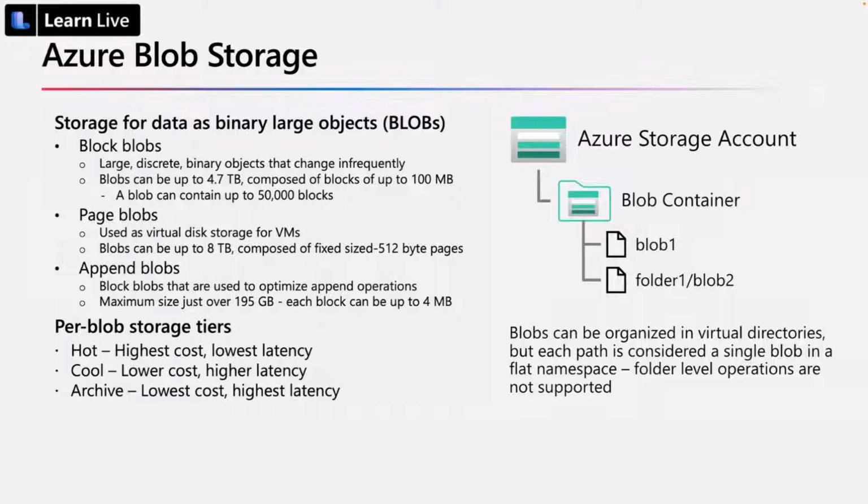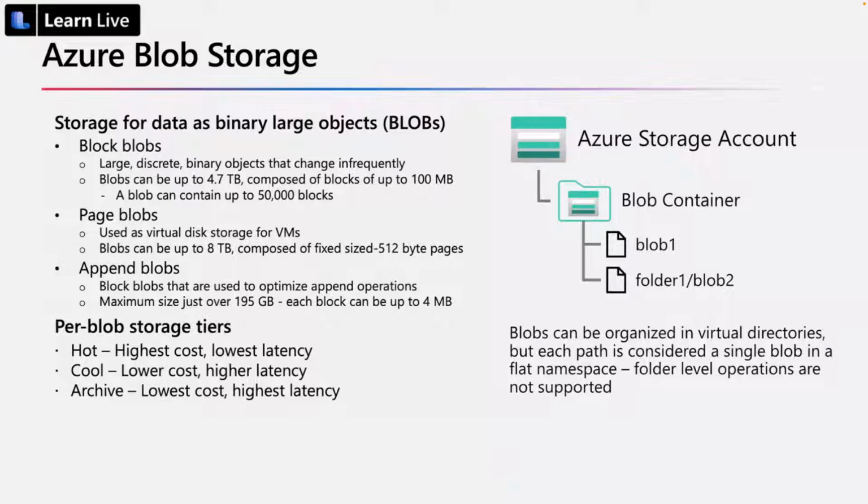We also have this thing called append blobs, which are great for objects that are going to grow in size over time. I work with a bunch of ISVs who do things like write telemetry to the Azure storage platform. It's great to have a single object that can start out as a base size, and then you can keep appending more data to it over time, up to the limits of what we allow in a single object within the storage platform.